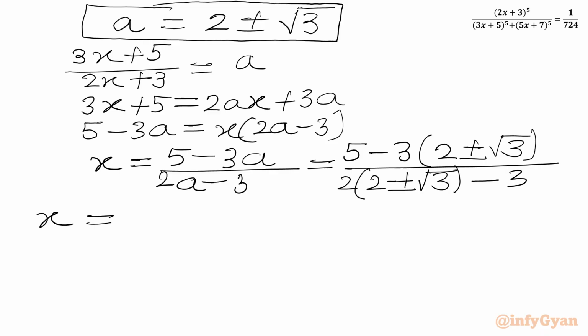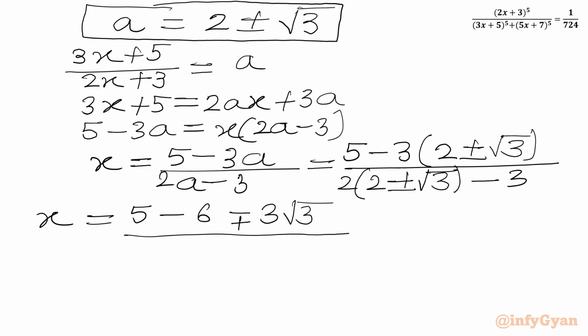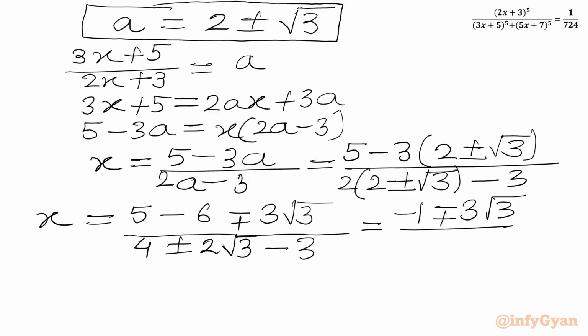Now I will simplify. x will be 5 minus 6, and then minus plus 3 root 3, over 4, 2 times 2, then plus minus 2 square root 3, minus 3. So I will be getting minus 1 minus plus 3 square root 3 over 4 minus 3, which is 1 plus minus 2 square root 3.